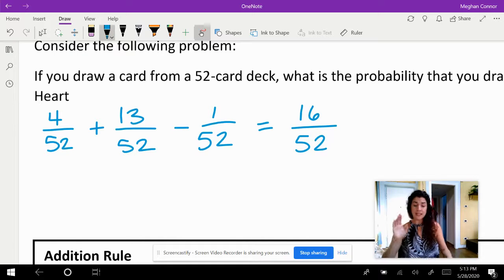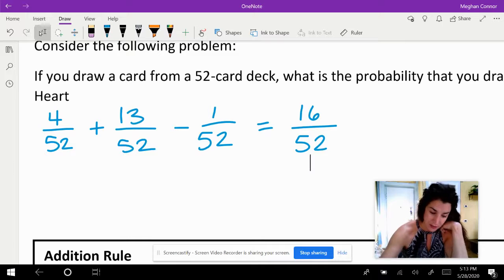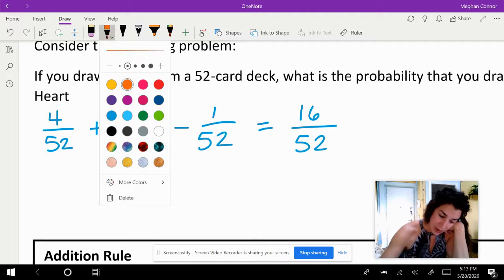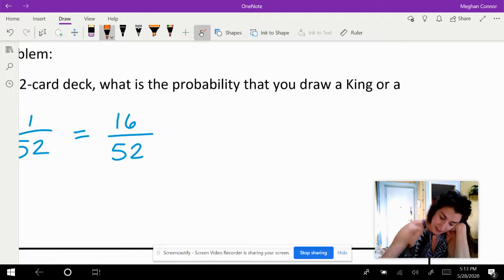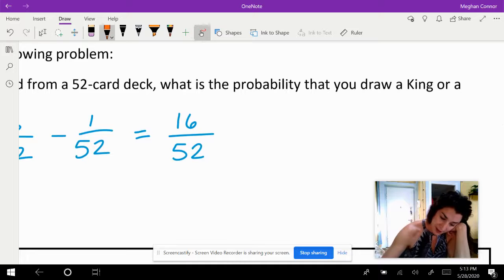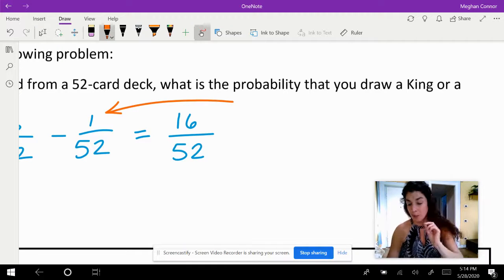But since there is this idea of an intersection between this or that, we call this not mutually exclusive. Since there is an overlap of them, this is a non-example of mutual exclusivity. So we'll write down a note to ourselves that this is because of this guy right here, this 1 out of 52 that is both of them.